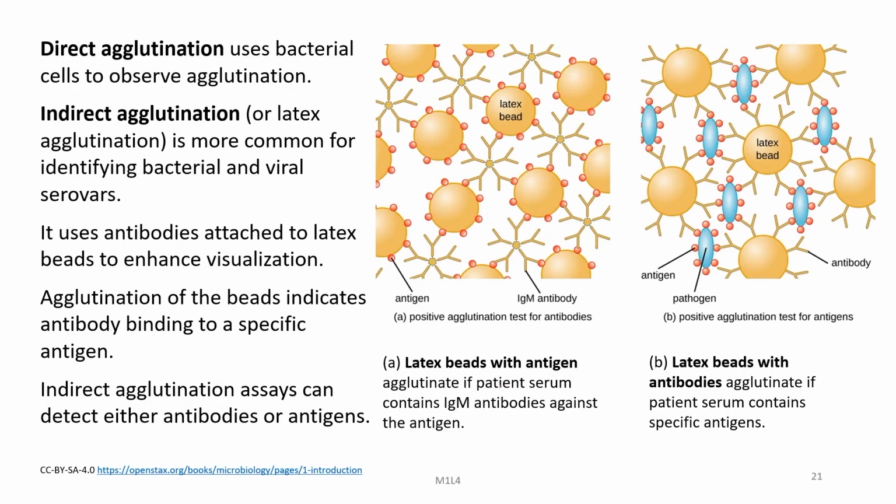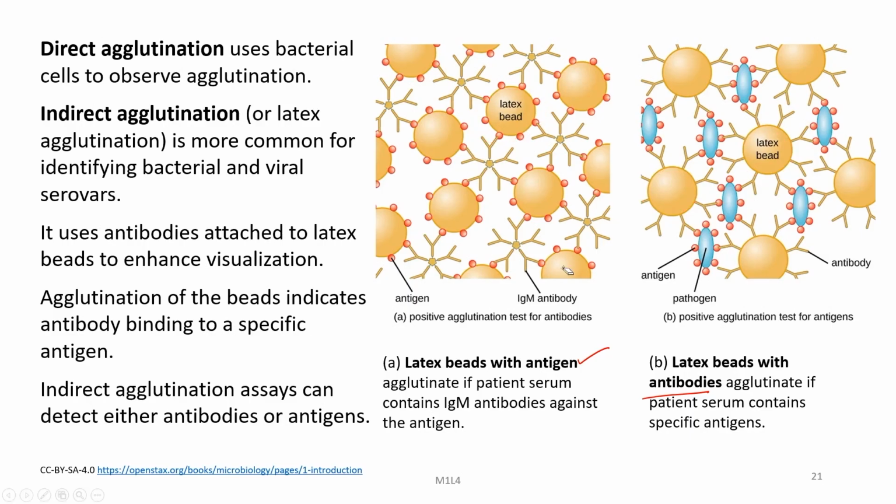The first one is latex beads with antigen, and the second one is latex beads with antibodies, and you can see this is the antigen, and this bigger structure is the latex bead, and here these are Y-shaped antibodies, as you all know, and this big one is the latex bead. You can see here already labeled.